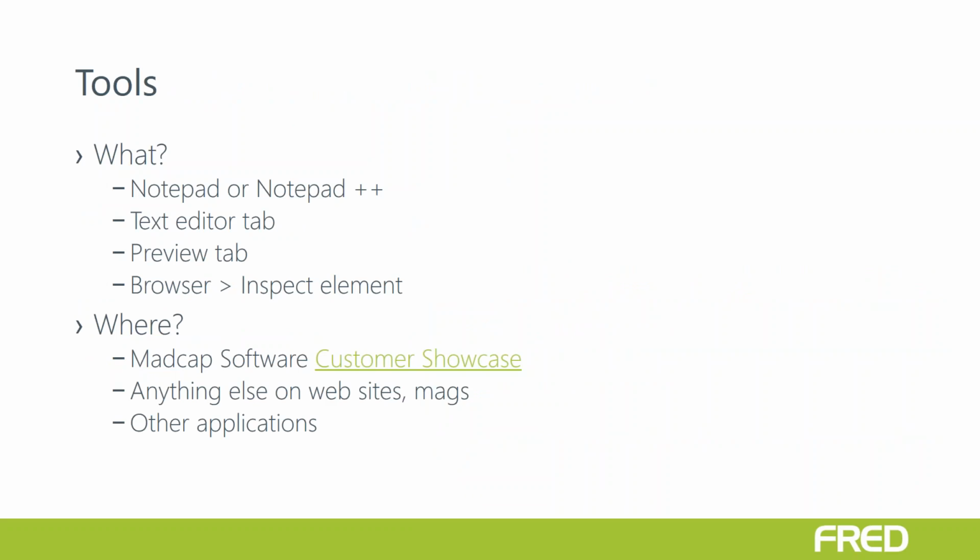Now, what else? Yes. So, a few tools. It's very, very obvious, but if you are going to reverse engineer a lot of other work, Notepad or Notepad++ is soon going to become a very good friend. The text editor tab in Flare itself, the preview tab, and certainly the inspect element. And then again, as I was just saying, try and find inspiration in everything.